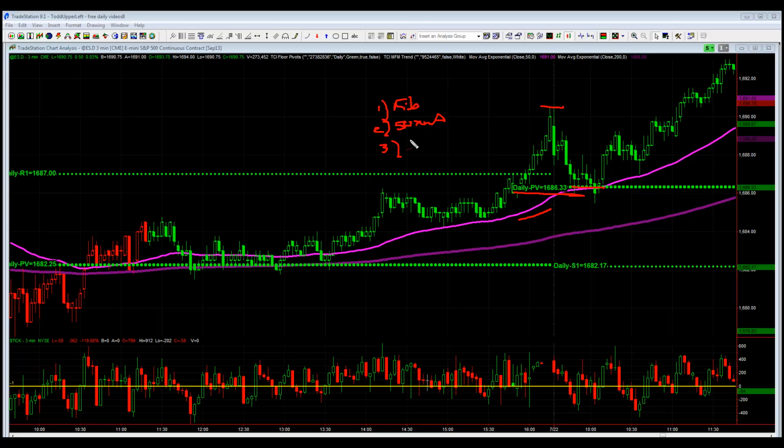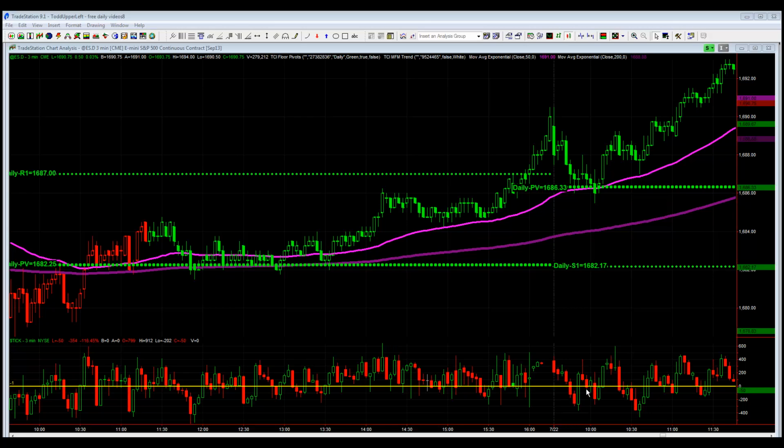And actually number 4, which makes it even better, is what we'll call the IVB, inside vertical bar, or just inside bar. It doesn't really matter what you call it, but it's a great trade setup. Does it happen very often? It probably happens once a day that you get a nice trade setup like this, but that was yesterday's trade of the day, bar none.